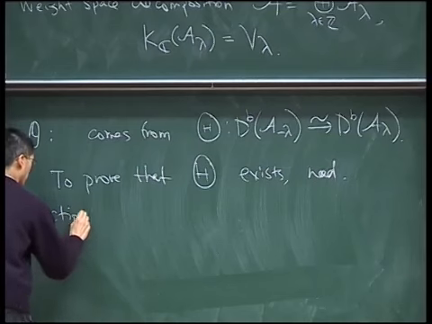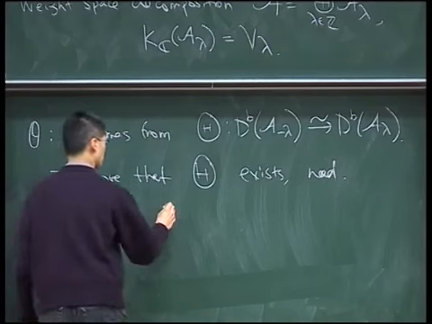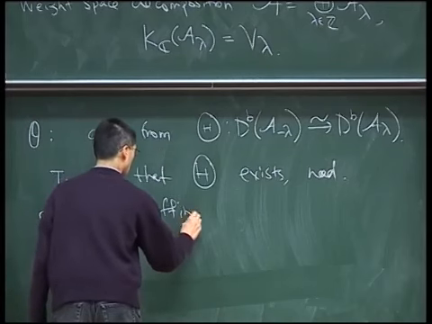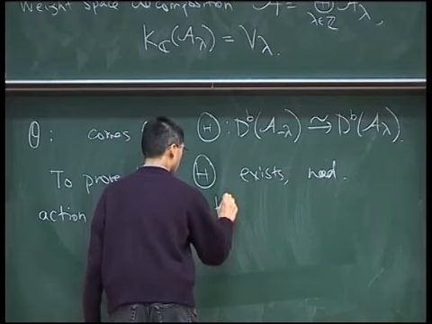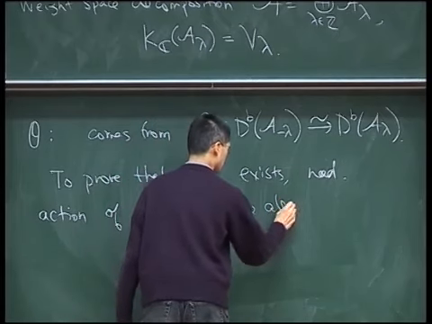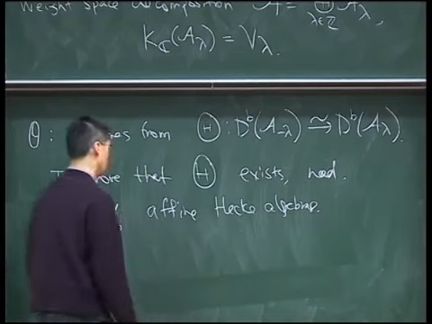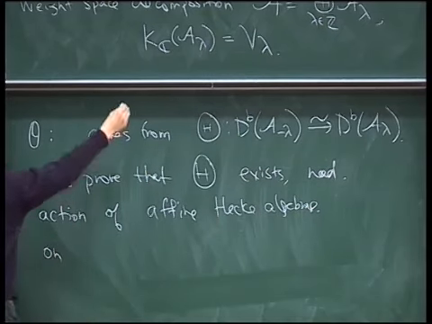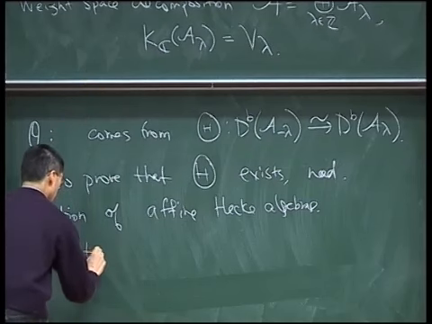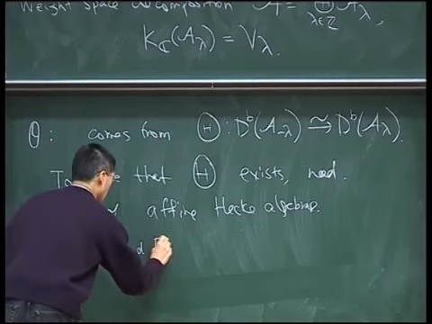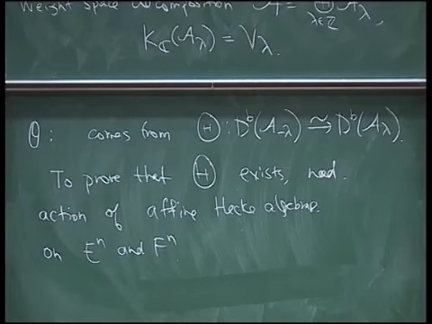That turns out to be the action of affine Hecke algebras on powers of the functors E and F. Okay, so this is the additional information that this process of categorification gives us.